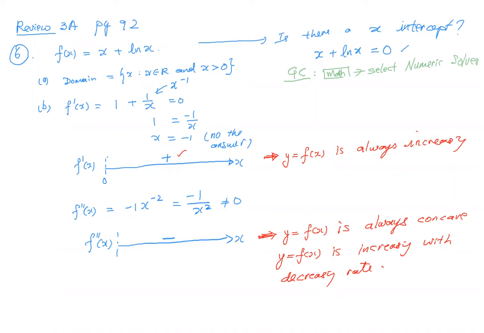Okay, good. Then next, you know what to do, correct? There is an E1 and E2. E1 you key in x plus ln x. E2 you key in 0. Can you please try to use your numerical solver and see whether there is an x-intercept or not?